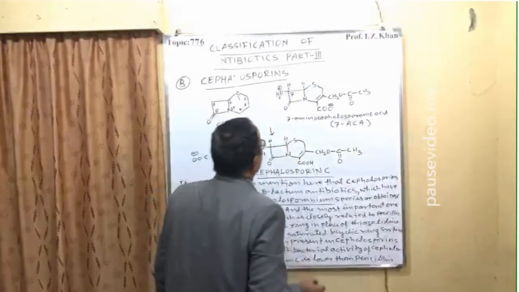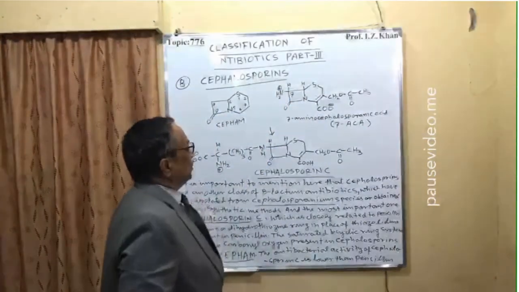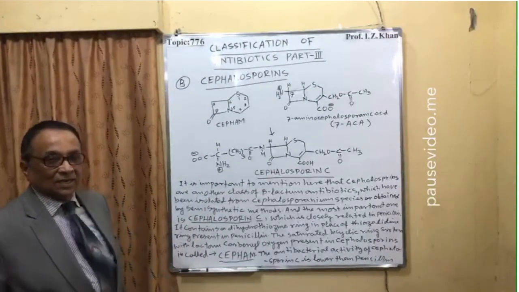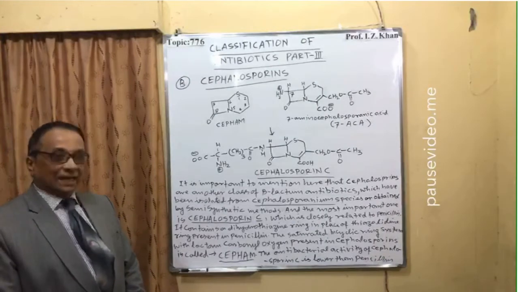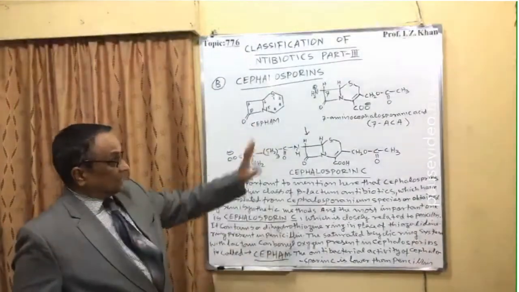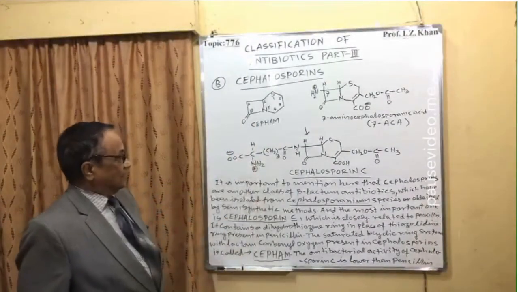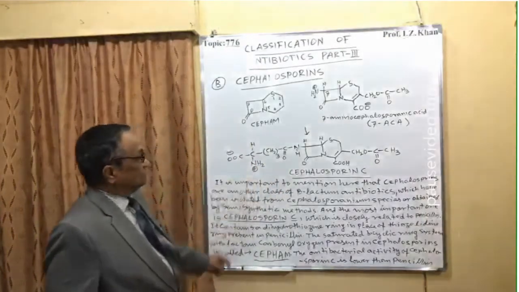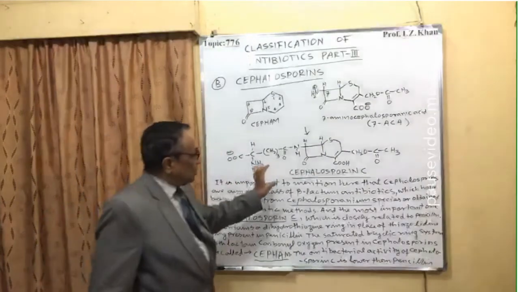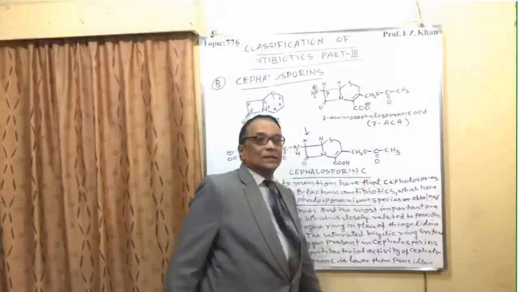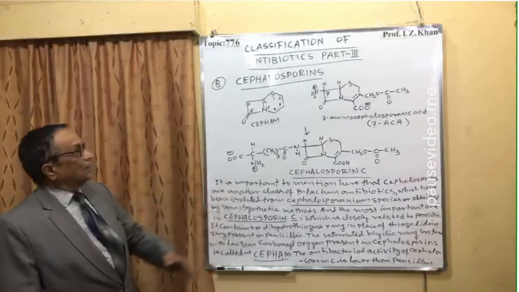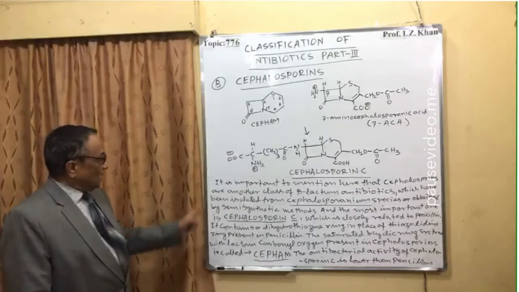It is called 7-aminocephalosporanic acid, and it is very commonly known in the pharmaceutical industry as 7-ACA. Once it combines with this side chain, it is called cephalosporin C. So cephalosporin C is actually the antibiotic, called beta-lactam group B.